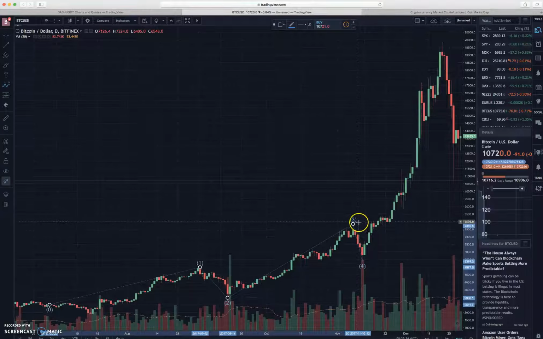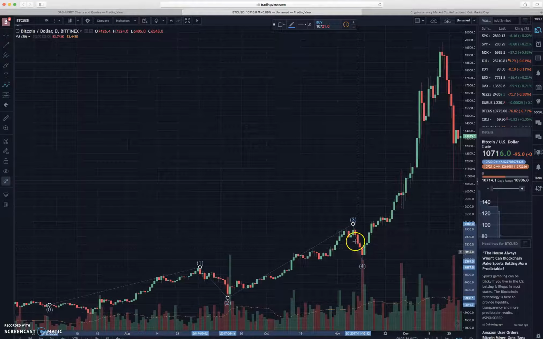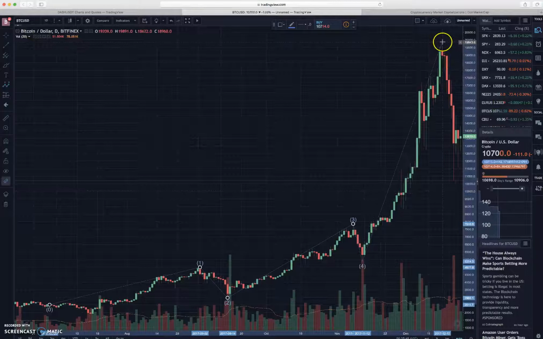You're getting an idea of why this is important, because if you can start to predict what wave you're in, then you can time your entry points. You're never going to be perfect, but it gives you a little more edge against most people who are just seeing Bitcoin on the news, and then all of a sudden they're buying in, and a lot of people bought in up here at 20,000.